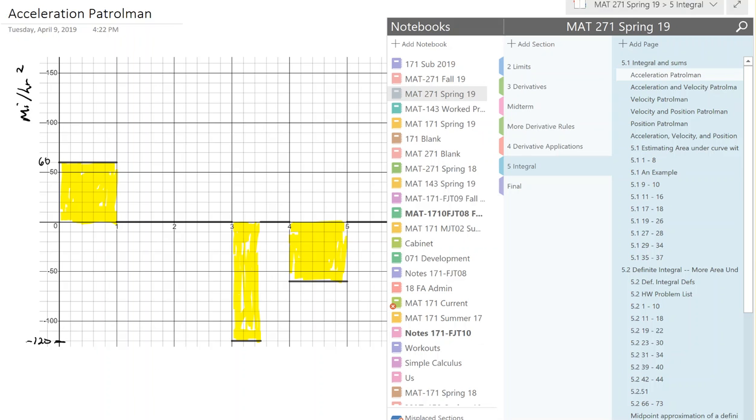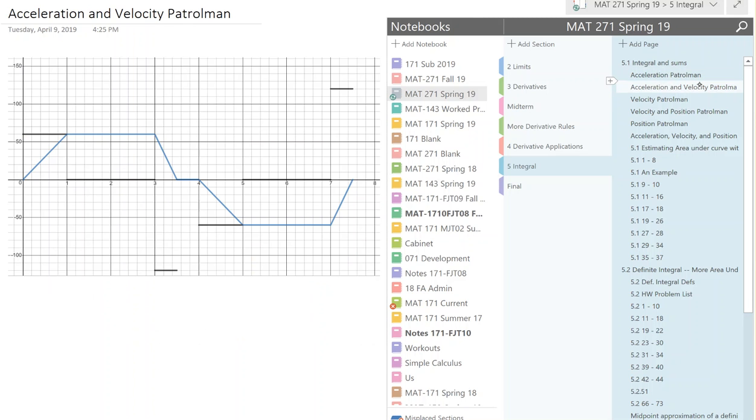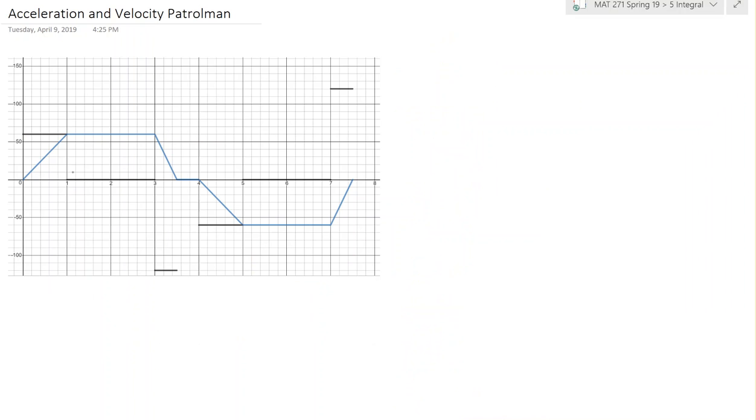If we were to calculate the area just by doing tiny little rectangles all along, piece by piece, what I've graphed here in blue is the velocity diagram we would come up with. We started out with no speed because he's just starting. Then after half an hour, he's going 30 miles per hour. After an hour, he's going 60. He stays at that 60, and now here's where he's braking.